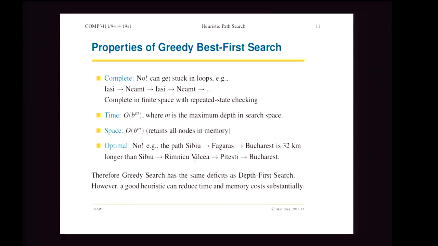And this is, I think, one of the tutorial questions maybe for the following week: try to devise a maze which will be bad for greedy search, which will make greedy search take a long time. The space complexity is high because in the worst case it has to keep all its nodes in memory, and we've already seen that it's not optimal. It can find a longer path than the optimal one.